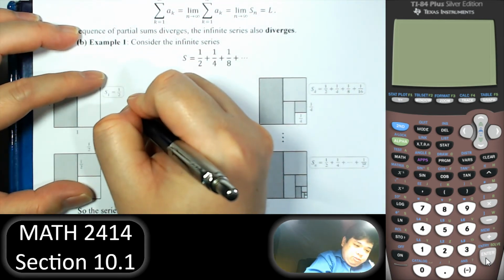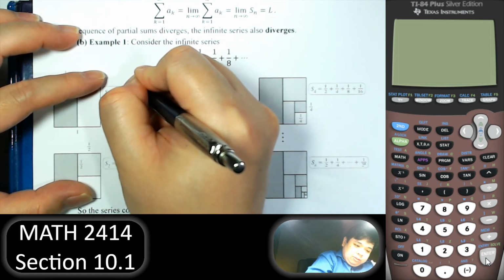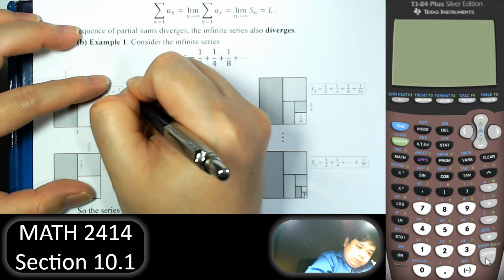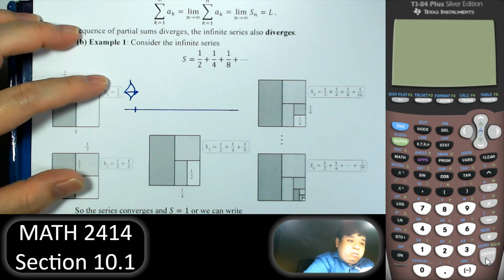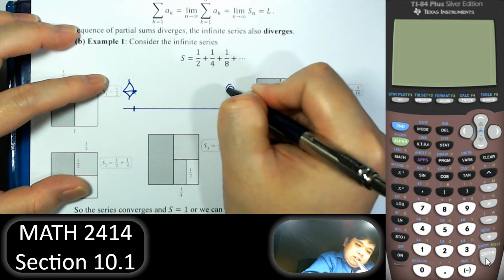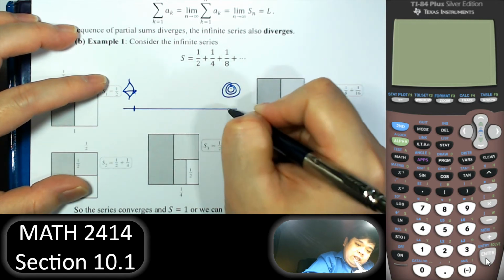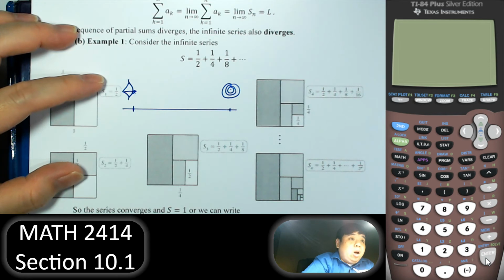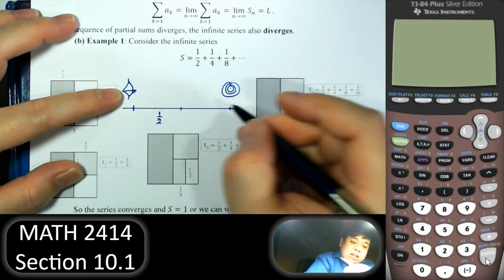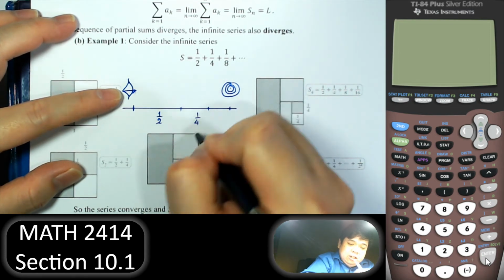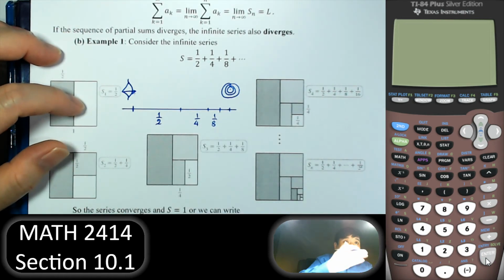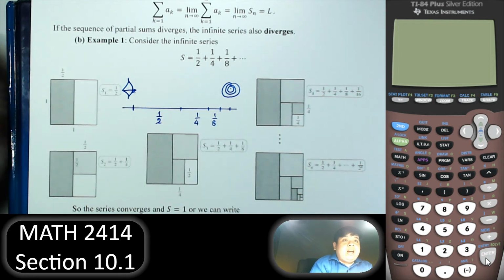Let's say we have a bow and arrow, and we shoot at the target here. Originally, the arrow traveled half of the distance, and then half of the remaining distance, and we just keep doing that. Essentially, the arrow will hit the target, right?